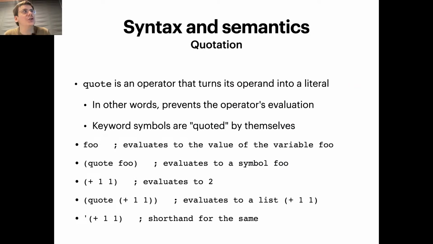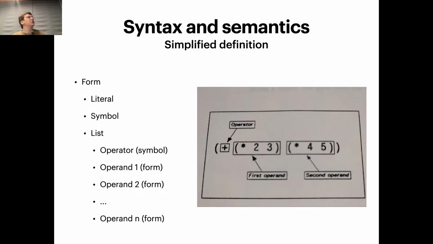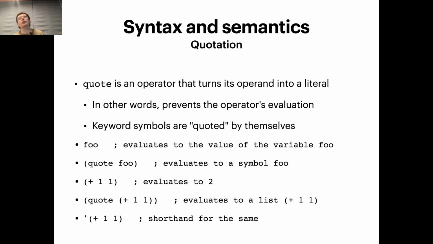We can use a form called quote that allows us to turn its operand into a literal. In another way, we prevent it from being evaluated. So when we evaluate a quoted form, it just returns its operand.